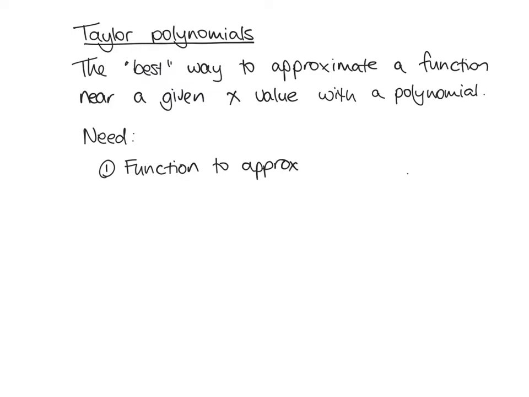And notationally, we're going to refer to this guy as f of x. So in the examples that we just looked at, we had that our function to approximate was sine of x. The next thing that you need is the x value around which you want to do the approximation.